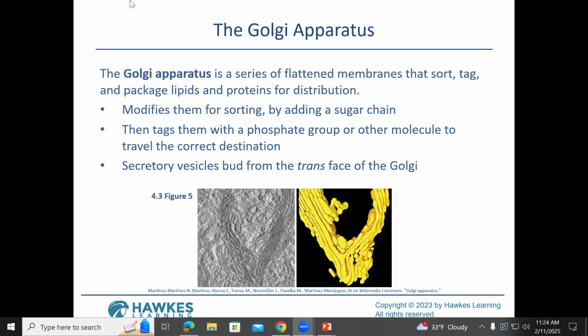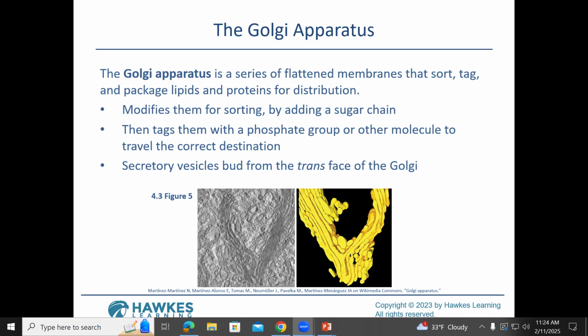The Golgi apparatus. The Golgi apparatus is a series of flattened membranes that sort, tag, and package the lipids and the proteins for distribution. So they modify them for sorting by adding a sugar chain. So the Golgi apparatus is comprised of a series of flattened membranes that sort, tag, and package lipids and proteins for distribution.